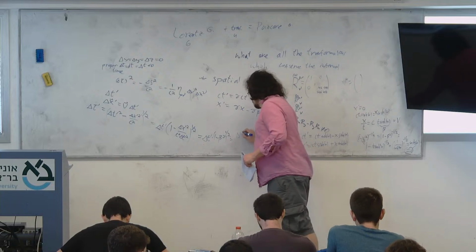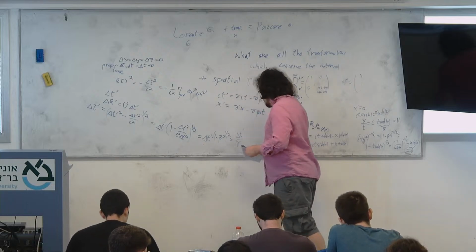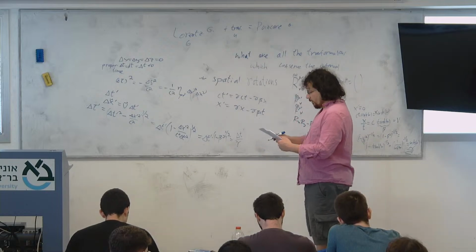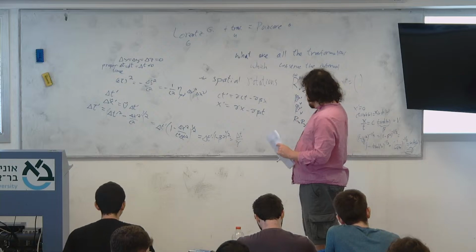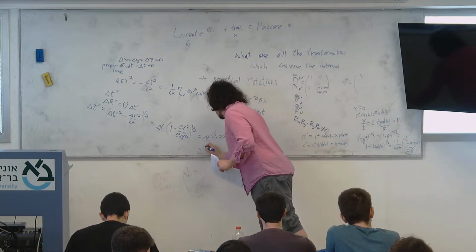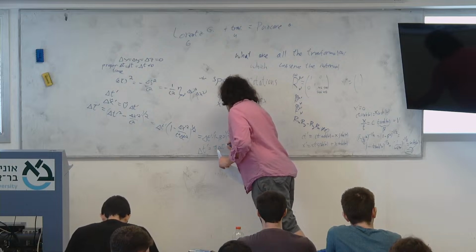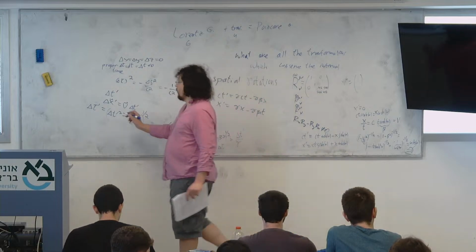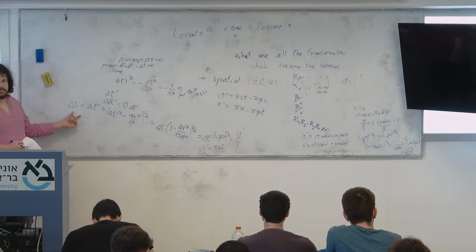So I get delta t prime divided by gamma. Yes, and that means if I flip it over, delta t prime is gamma delta tau, because this is also equal to delta tau, it's the proper time.